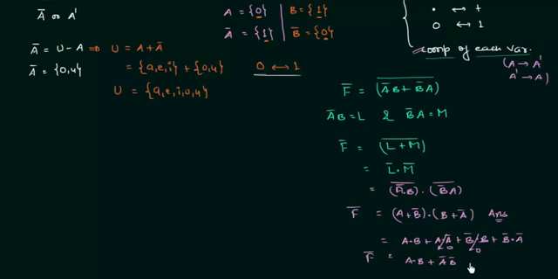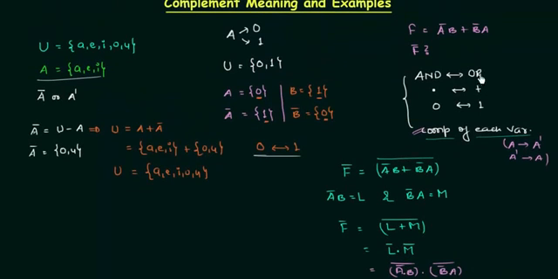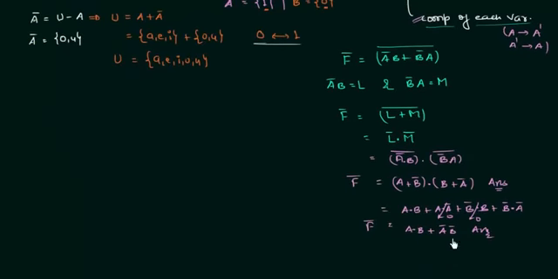This is F complement. So this is what we have. And if you have any idea about logic gates, then this is A XOR B, and after taking its complement we are getting A XNOR B. We will discuss them in a logic gate presentation.